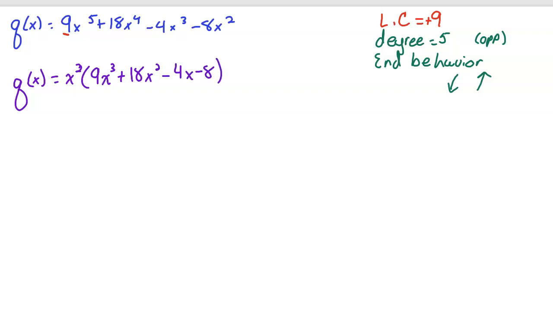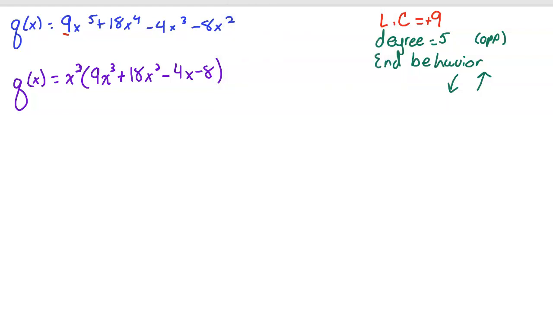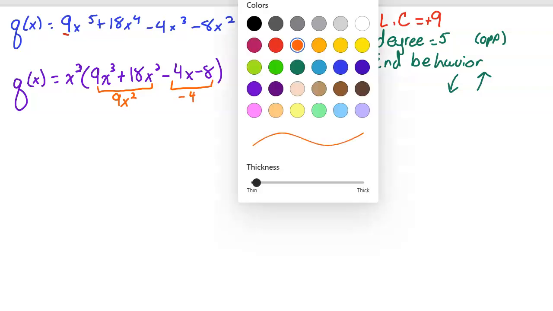Still doesn't look very pretty, but remember, I can factor by grouping. Group the first two, group the second two. And out of this first set, I can take a 9x squared out. And out of this last set, I can take a negative 4 out. So let's see what that will give me.